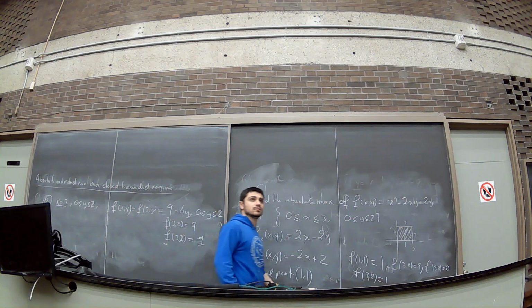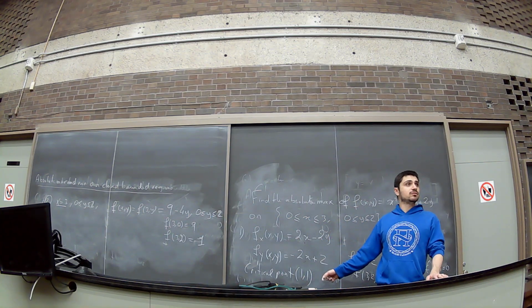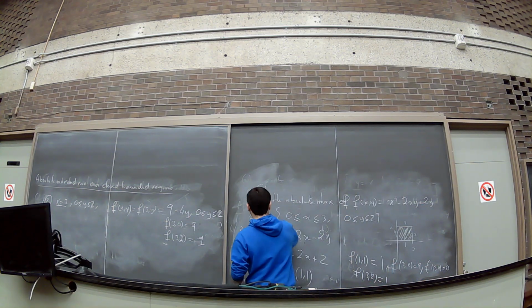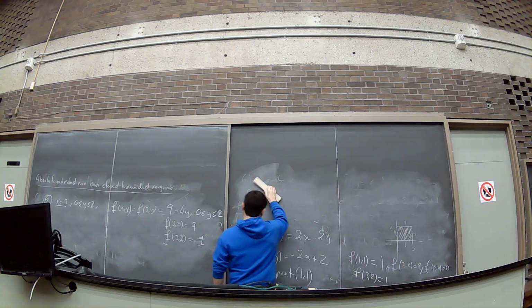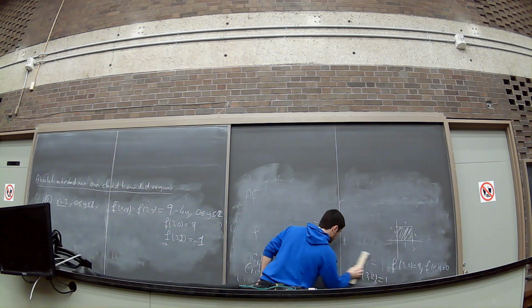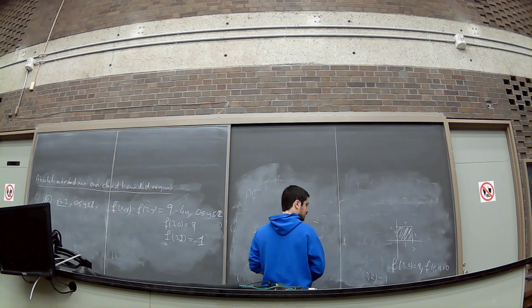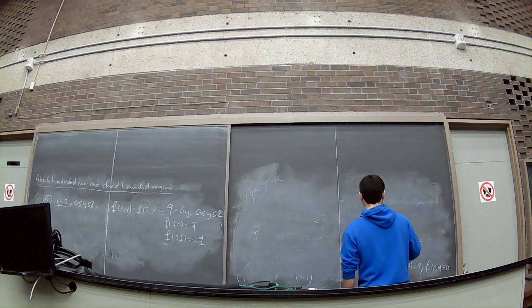Now, what else do I have to do? What part do I have to do? Line part number 3. How can you characterize part number 3? The value is y is equal to 2, and x varies between 0 and 3. Who can help me with this? So I have f(1,1).